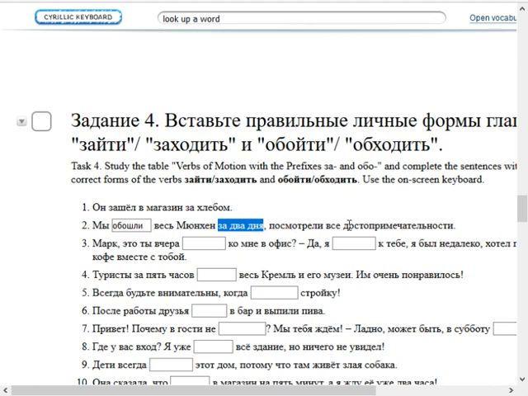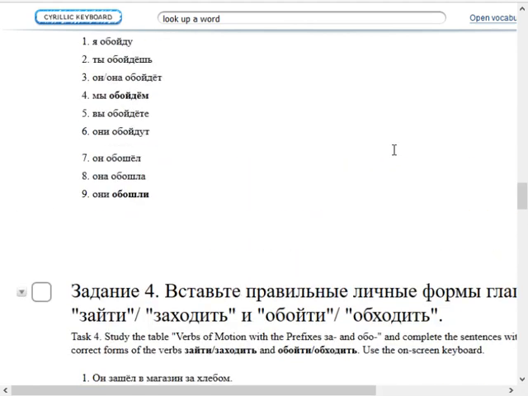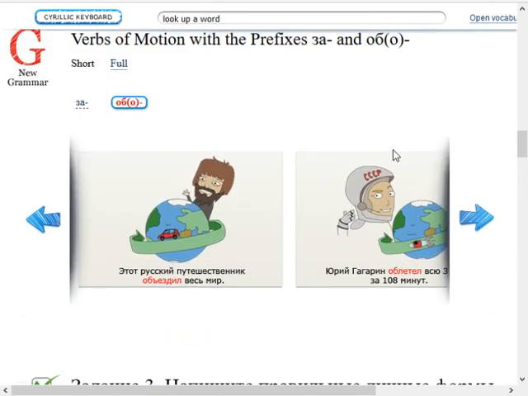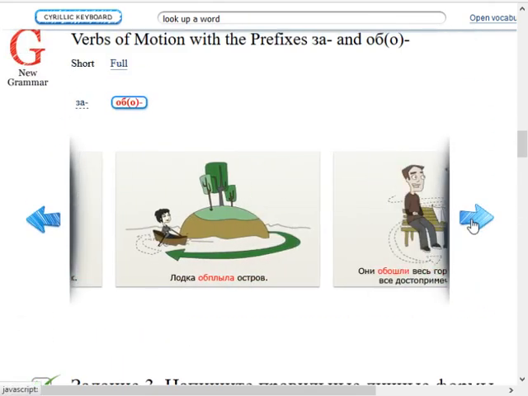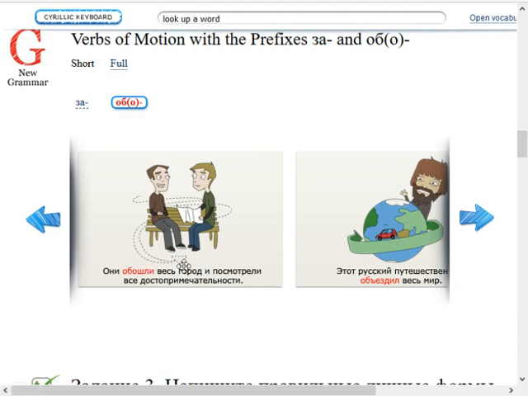Посмотрели все достопримечательности is sites. It's city sites. I get it. So we had, where did we have it here? Yeah. И посмотрели все, this word.